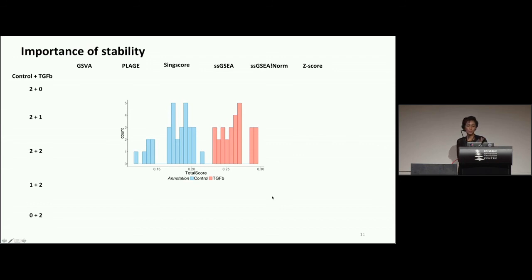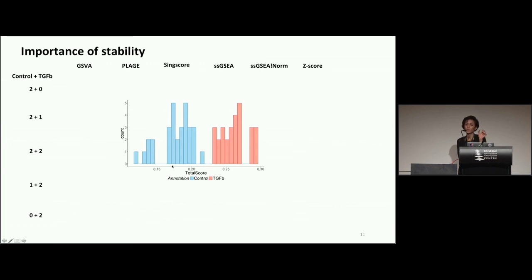To show you the importance of stability, I'm going to take you very quickly through one practical example. So imagine a data set where we have 2 conditions. We have TGF-beta treated samples in red, and we have control samples in blue. We score them against the mesenchymal signature, where we expect to see the TGF-beta treated samples have a higher score. As you can see here, they have a higher score compared to the control samples.